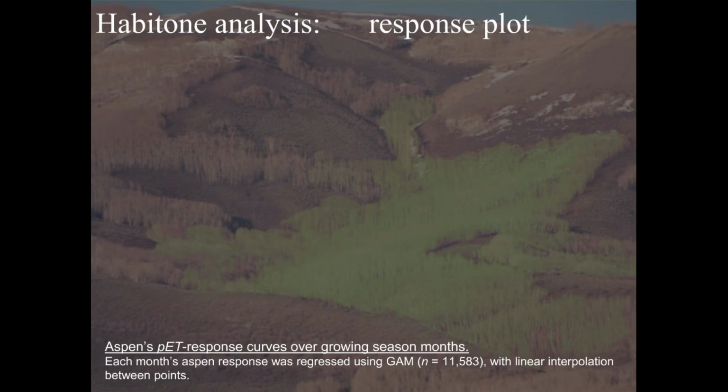Some months it's a little stronger than others, so we can see that the topographic shading is having an effect, and somewhere in the middle of the PET range, between topographic darkness, which never gets completely dark, but topographic shade, and drought, we get the highest expected concentrations of aspen. And this is a nice little glimpse. This September one is a nice little glimpse of a classic niche response curve.